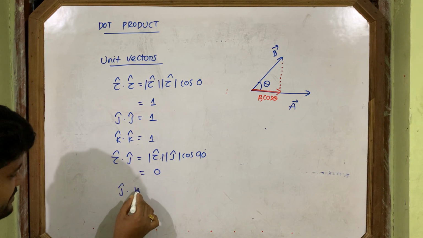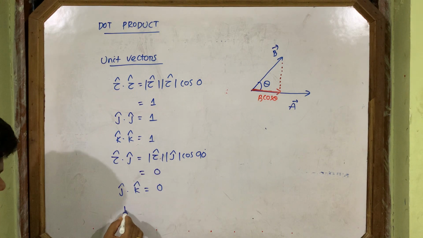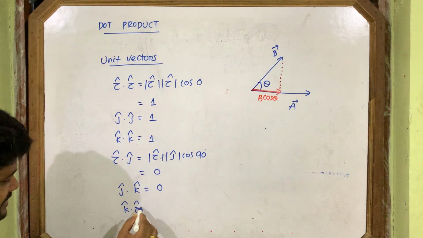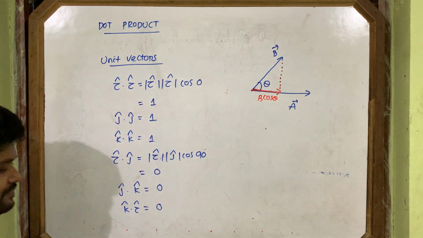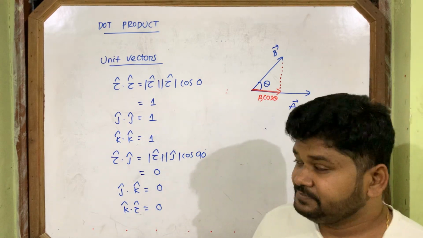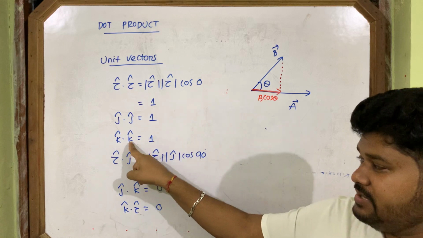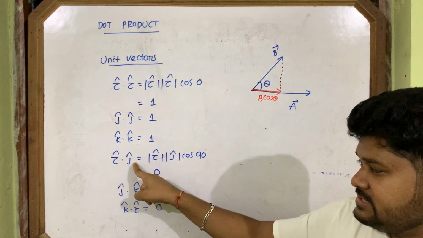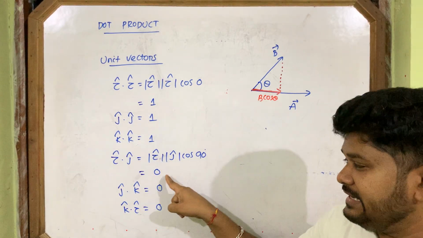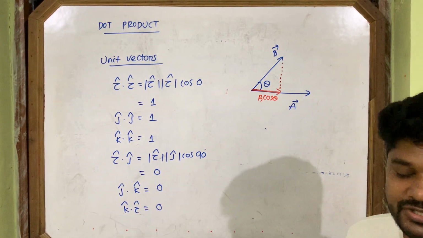Similarly, j cap dot k cap is 0, and k cap dot I cap is 0. So now you have the dot product of unit vectors: I cap dot I cap is 1, j cap dot j cap is 1, k cap dot k cap is 1. But I dot j, the condition of perpendicularity, is 0, j dot k is 0, k cap dot I cap is 0.